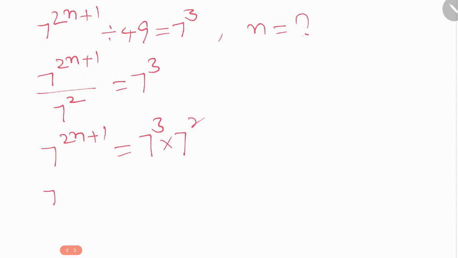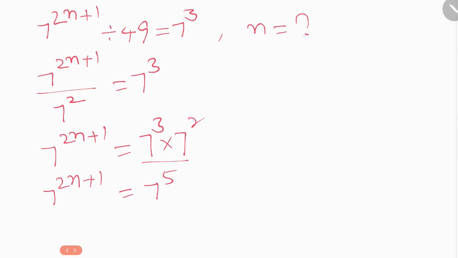So now 7 power 2n plus 1 is equal to 7 power 3 into 7 power 2, that is 7 power 5. Powers must be added because a power m into a power n is equal to a power m plus n.